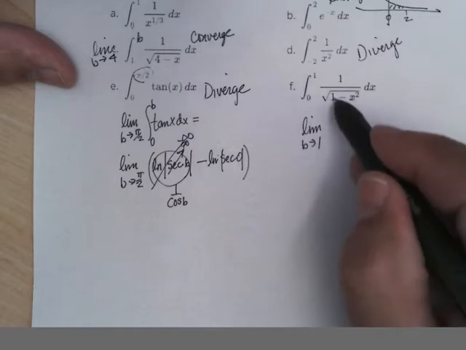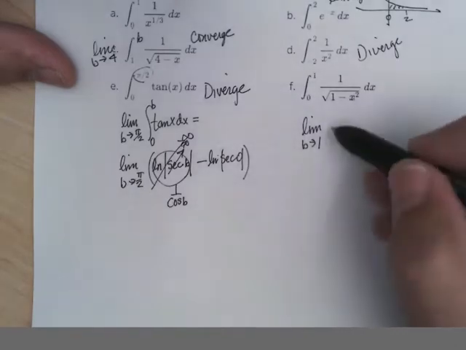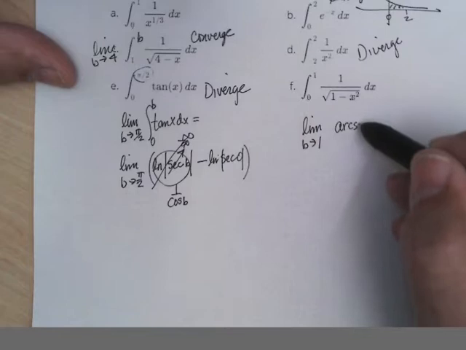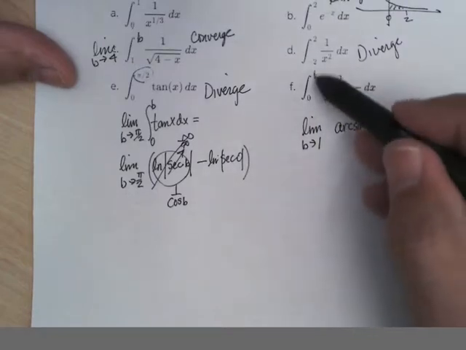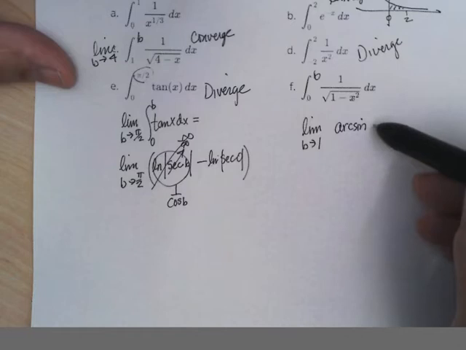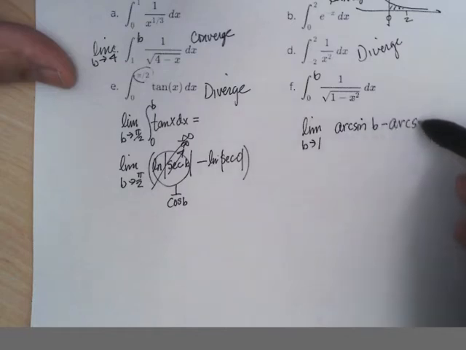That's the problem, because it becomes 1 minus 1, of arc sine of this. We would be changing this to b, so we put b minus arc sine of 0.